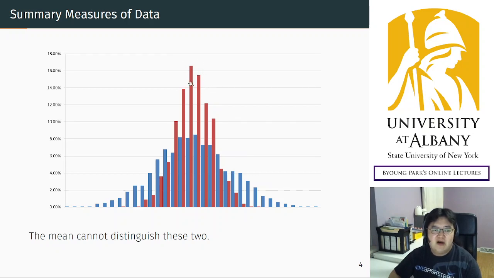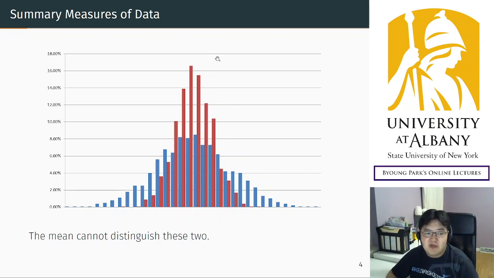So, approximately, I can see that their centers are close to each other. So their centers will be similar. You cannot distinguish them clearly. So something else is different between these two, the red and the blue. So that, as you can see from the histogram, is about the spread.